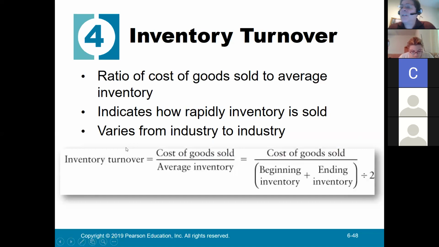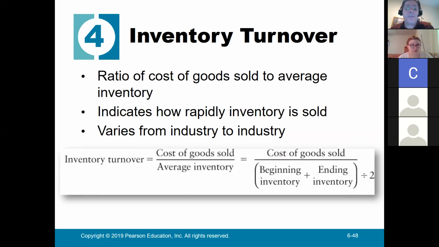That means that you don't have enough to satisfy customers. They're coming in, they want to buy stuff, and they can't. You're out. And that just ticks people off. So we want to have inventory that's enough to make our customers happy, but not too much.